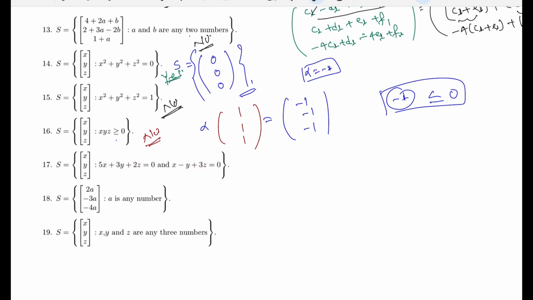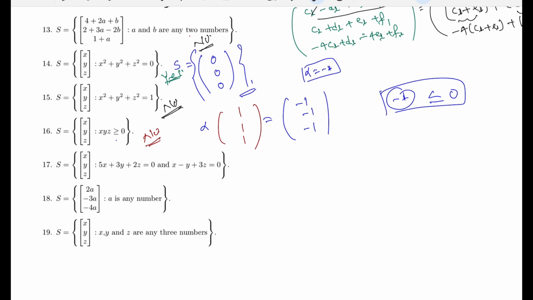How can I see it? I can easily see that this is a subspace. This is also a subspace of 3-dimensional space, and we have the intersection here. So the intersection will also be a subspace, right? So yes, this set will be a subspace of R cube.